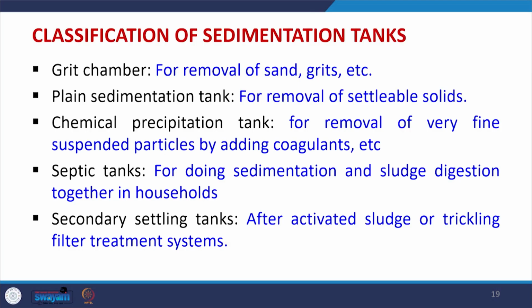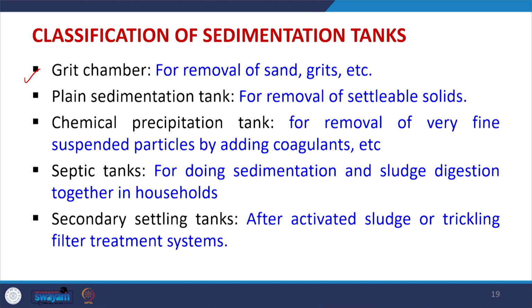Now, there are different types of sedimentation tanks which may be used in wastewater treatment. The first is the grit chamber for removal of sand and grits. This is used in the initial stages itself, where settling or sedimentation is happening. Then we have a plain sedimentation tank for removal of settleable solids.